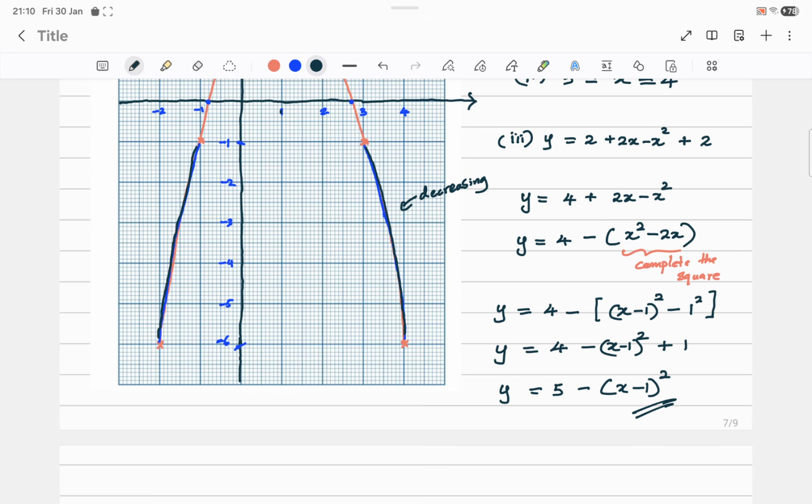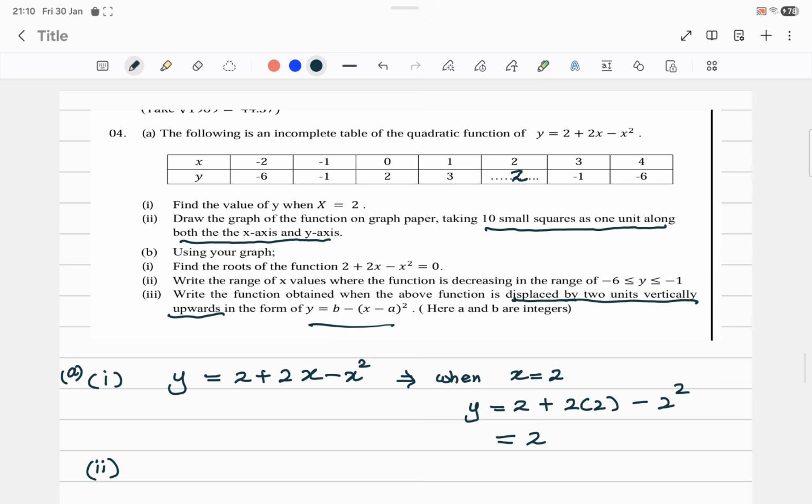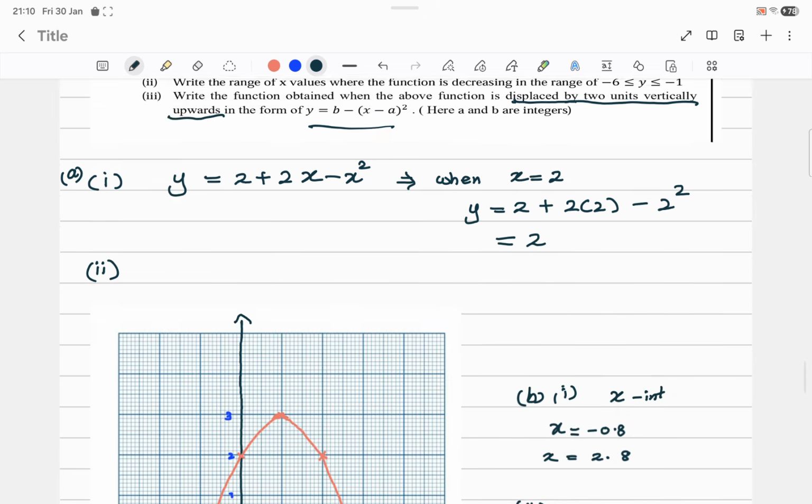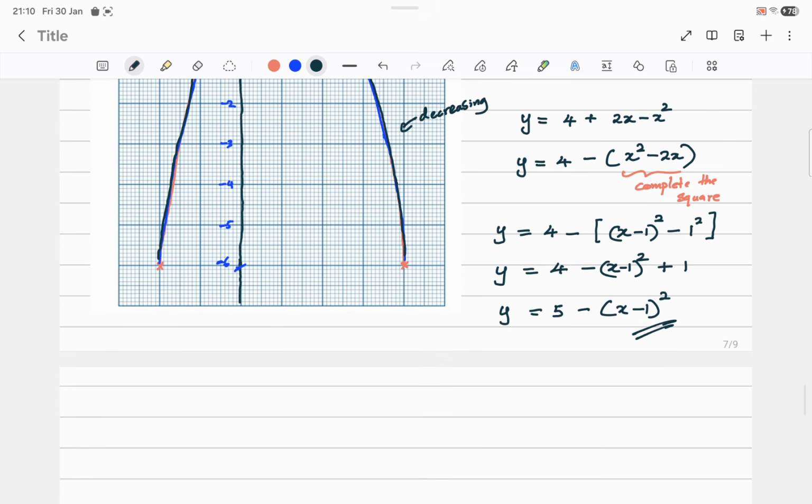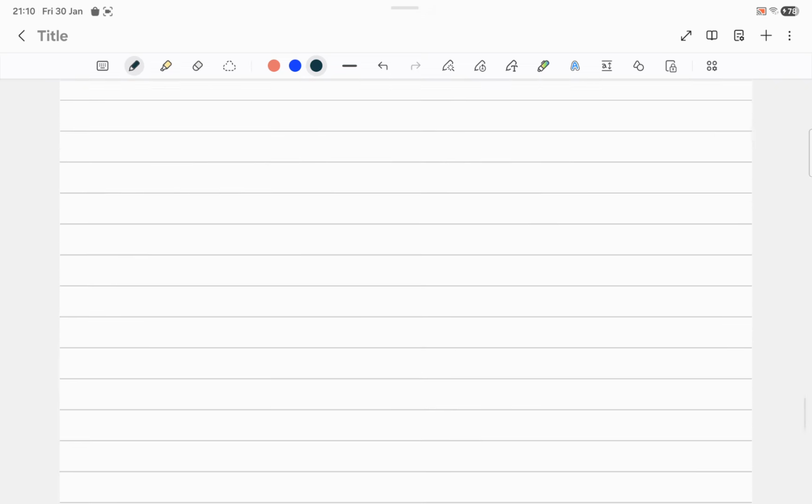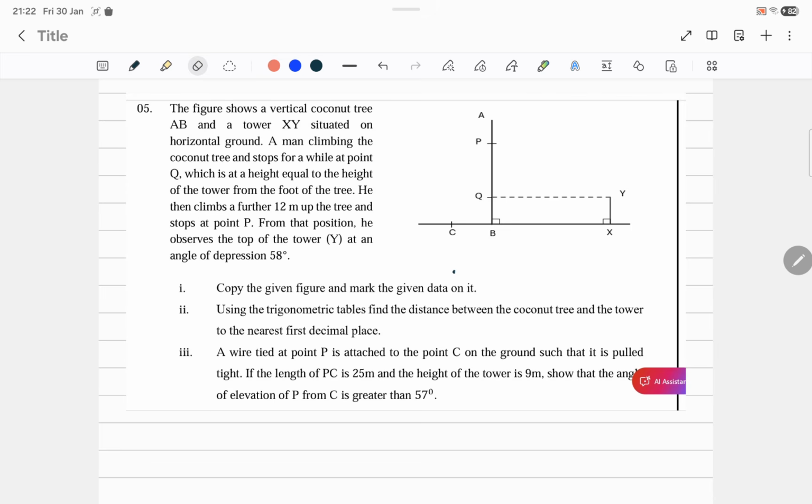So that is question number 4, right? Okay, next we'll look at question number 5. Right, so let's look at question number 5.